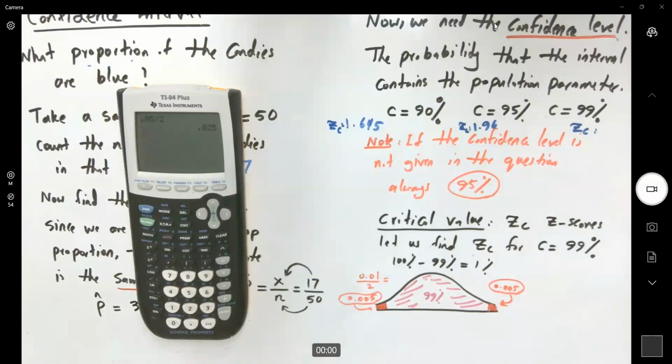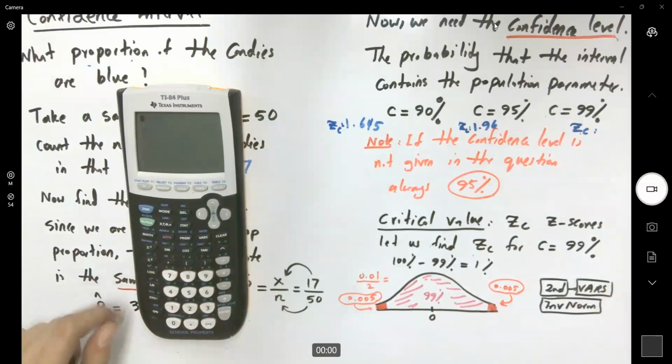Very good. So I have a standard normal distribution. My mean is 0. Now I'm going to use my calculator. Go to second, VARS, and find inverse norm. Okay, so not that bad.